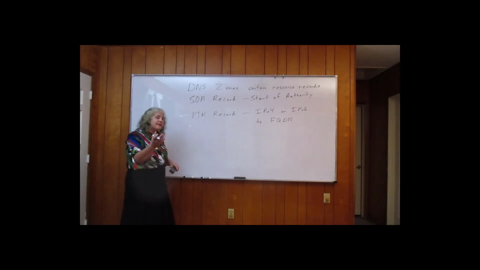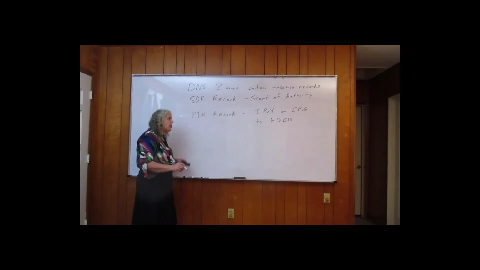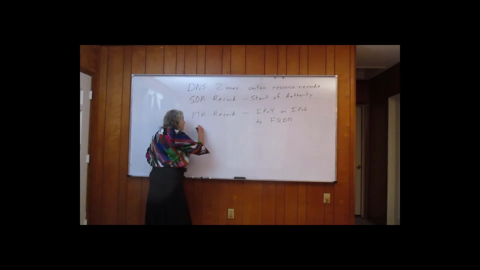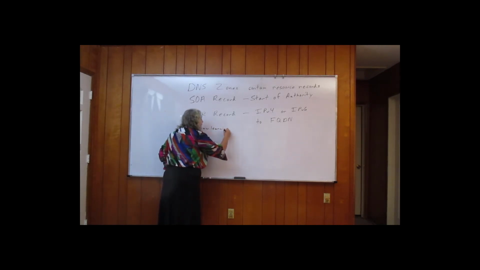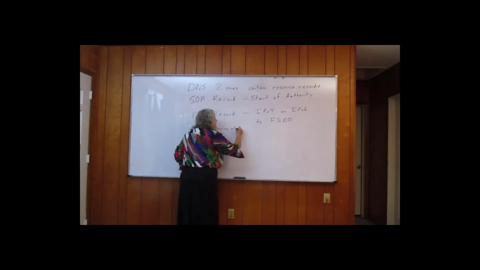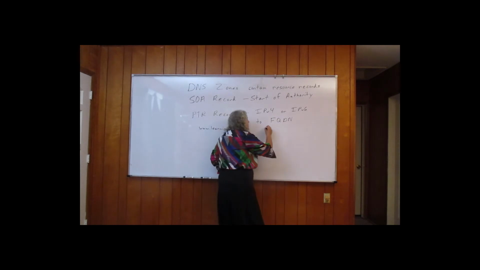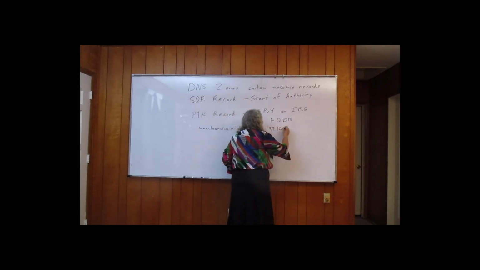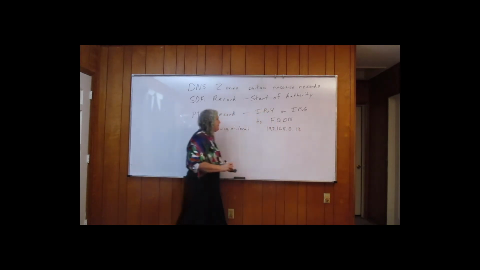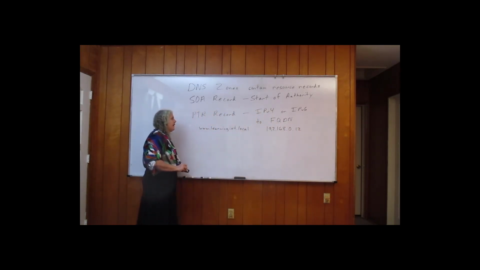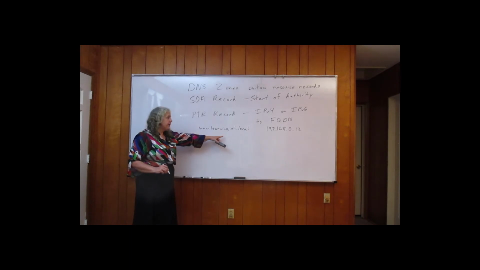For instance, let's say that I had a fully qualified domain name of www.learningiot.local, and let's say this was mapped over to 192.168.0.12. This would be an A record.